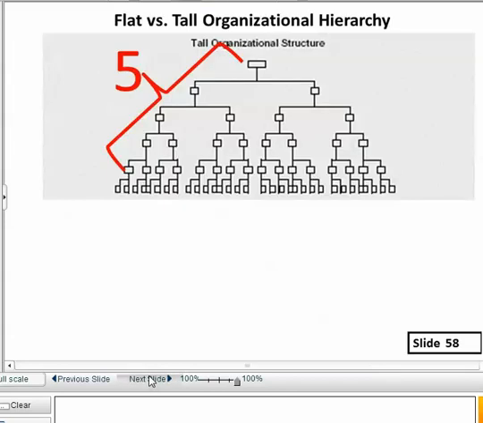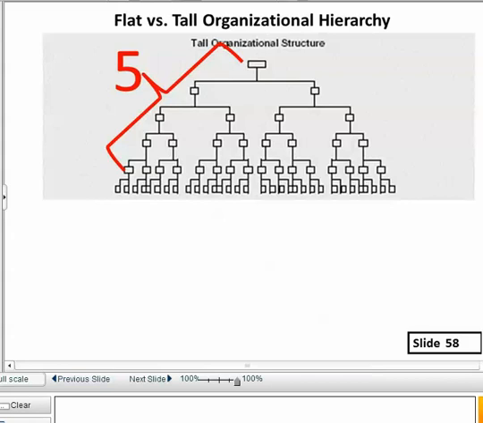Okay? So, flat versus tall. Let's talk about that. Basically, what we're talking about is how many intermediate levels there are between the highest person, if it's your company, you, and the lowest person, the person that's interacting directly with the customers. How many steps are in between? How many managers, if you will, or supervisors are in the middle?